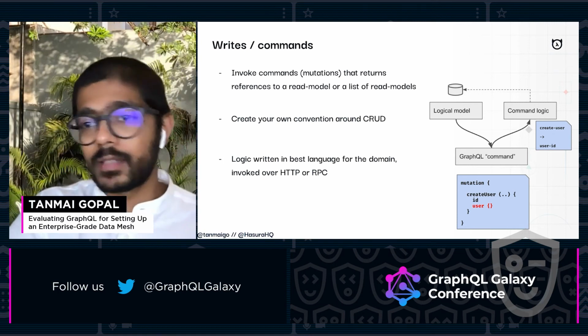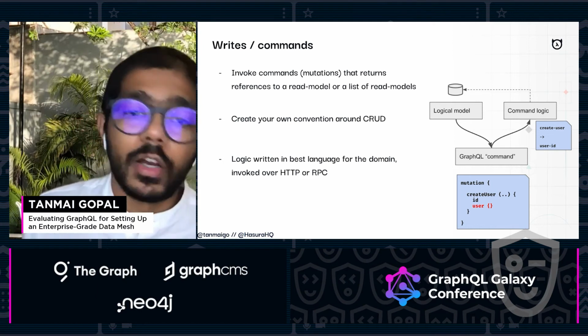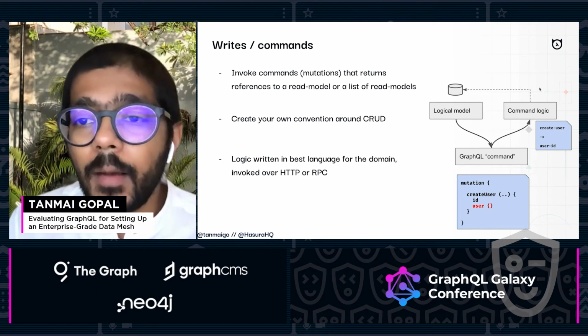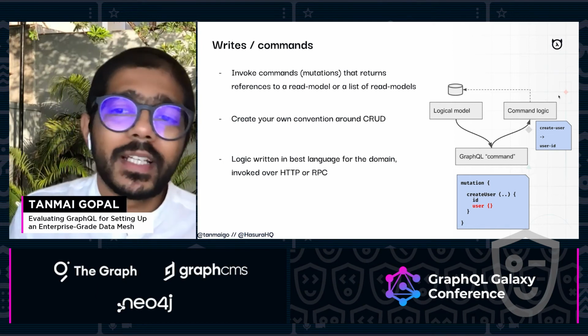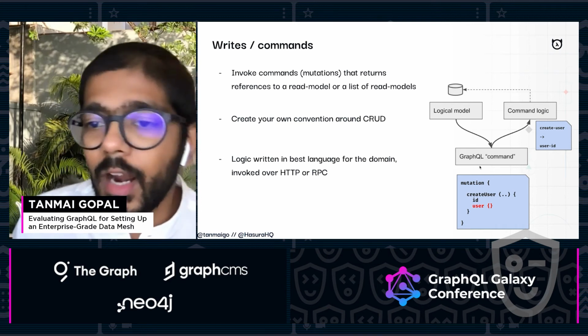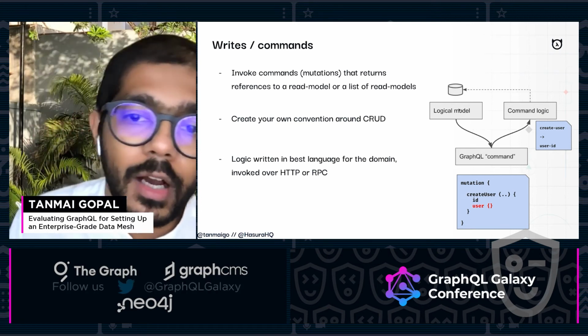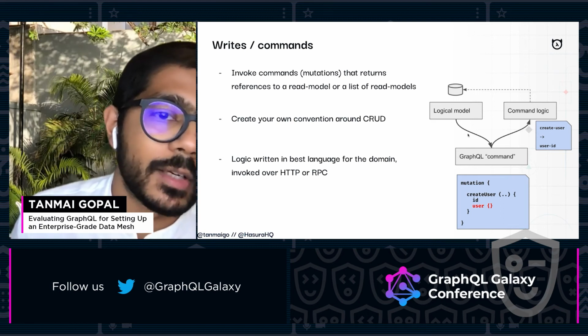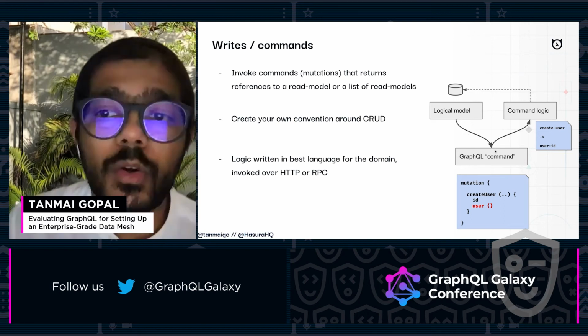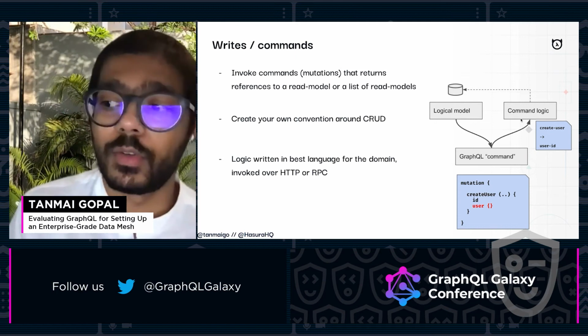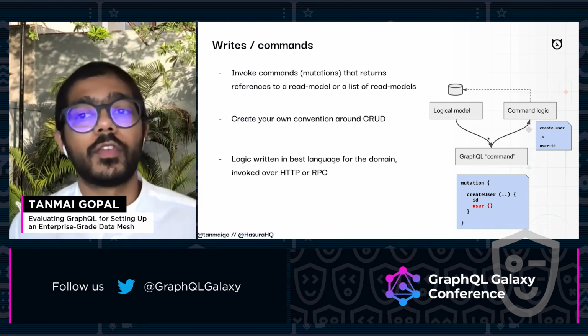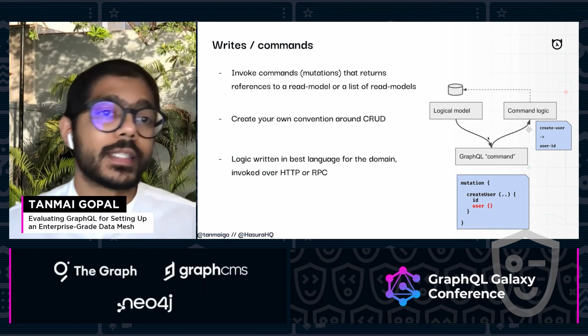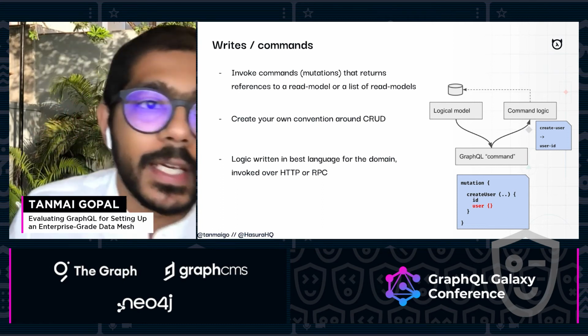It's embedded inside the database, maybe it's written as a serverless function, or it's invoked over HTTP or RPC, and that doesn't matter because that convention can be the same. The GraphQL layer just has to make sure that it knows how to reference the read models that we had from our previous discussion and how to invoke commands and the new logic that we have when we bring commands and mutations into our system, right?